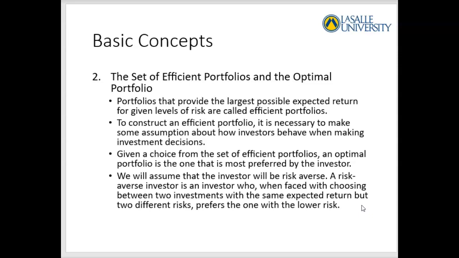Given a choice from the different sets of efficient portfolios, the optimal portfolio is the one that is the most preferred by the investor. So you could have multiple efficient portfolios in front of you, but the one that matches your risk preference would be the most optimal portfolio for you as an investor.